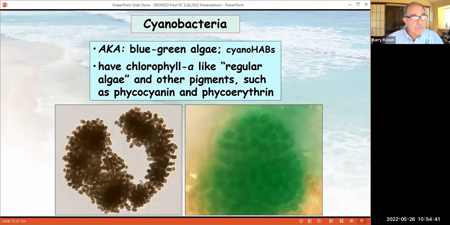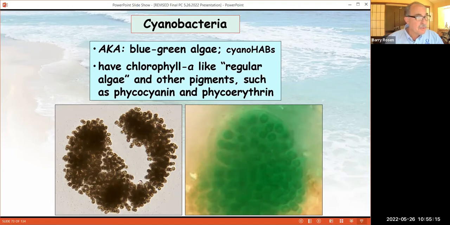So again, the pigments are there that you might know about, the chlorophyll A. But what makes them blue is the phycocyanin. You hear the word cyan in there. And so some of the blue-green algae are quite bluish looking with a little bit of green mixed in. They also can contain another major pigment called phycoerythrin, like a red blood cell, erythrocyte. So you've got a red and a blue, and when they mix together, oftentimes blue-green algae look brownish, can even look black.